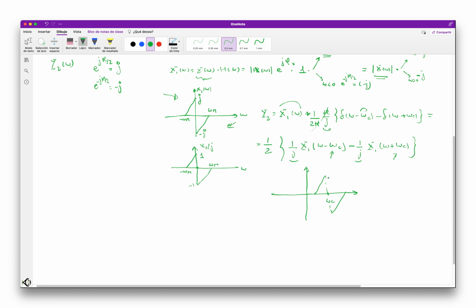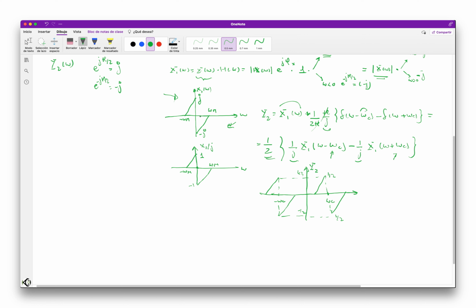Don't forget that we have 1/2 here, 1/2 here, and also on the left, around minus omega c, we'll have the same signal brought, in this case, to the negative frequencies, and also with the plus 1/2, minus 1/2 here. This is what y2 will look like.